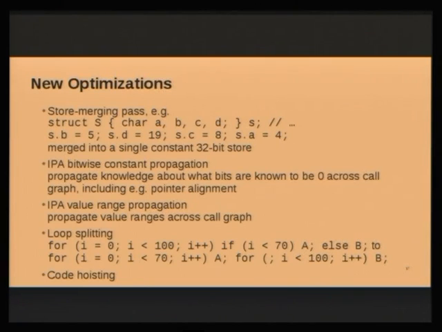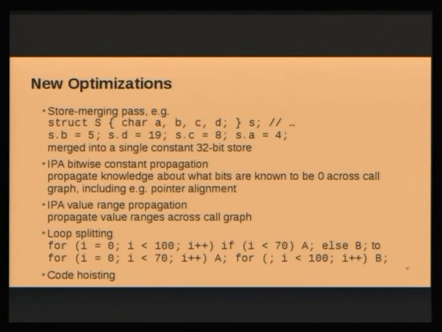Then there are two new interprocedural optimizations. One is in GCC constant propagation, which actually computes also a bit mask of which bits in each variable or value are known to be 0.